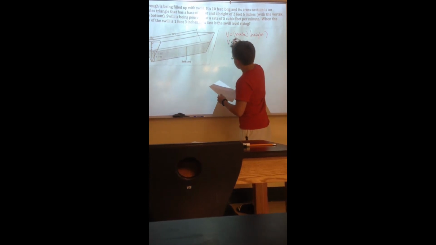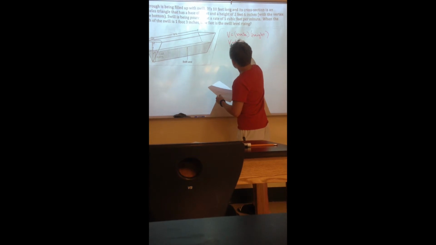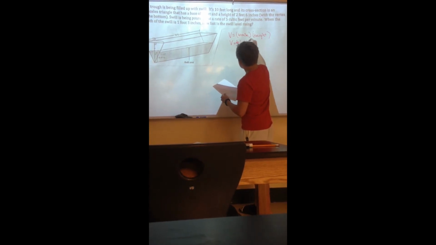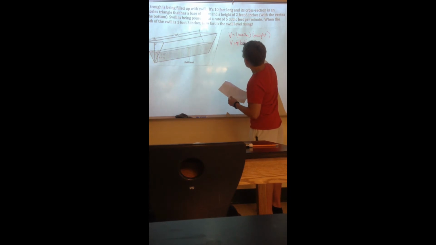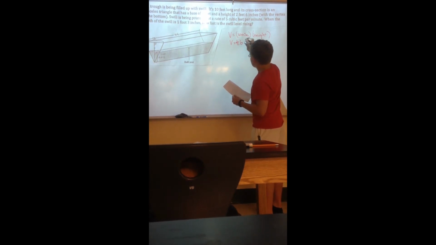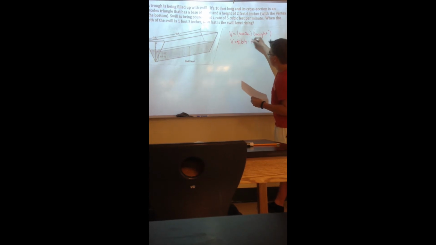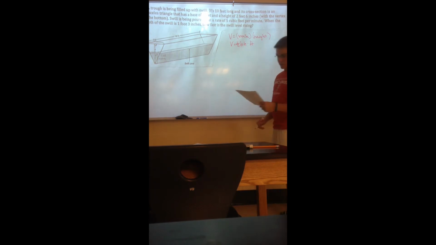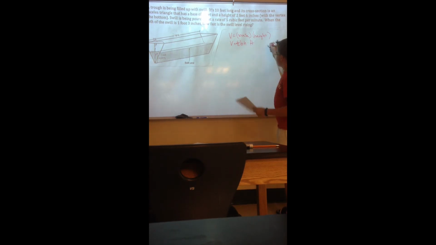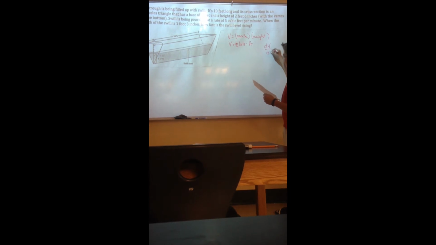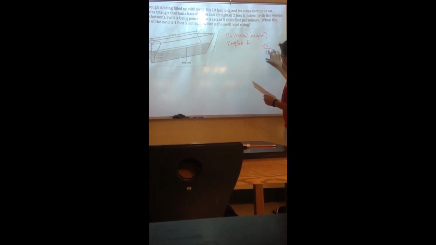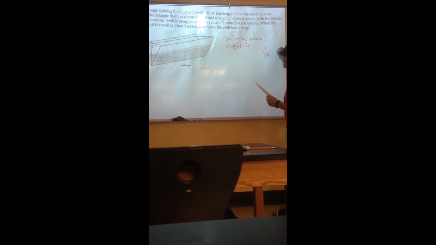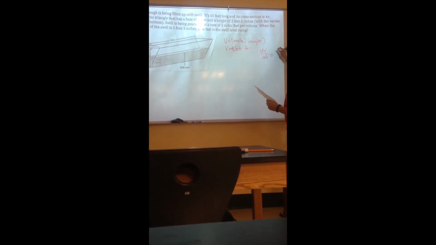Or we can simplify that to 1/2 b times lowercase h times the height of the entire thing. We also know that the swill is being poured in at a rate of 5 cubic feet per minute. So that means the volume is changing, dV over dt equals 5.